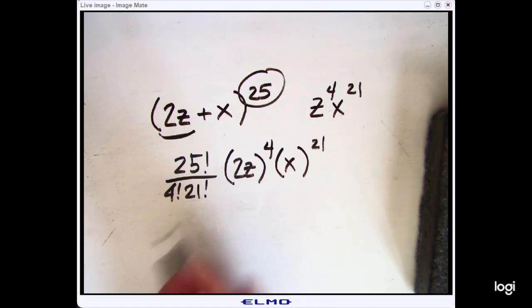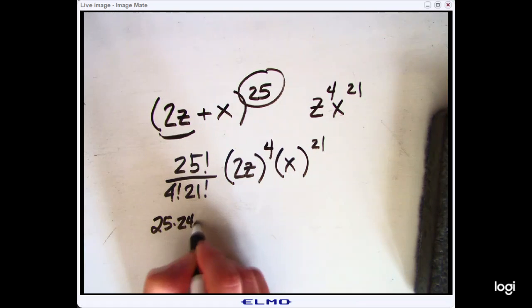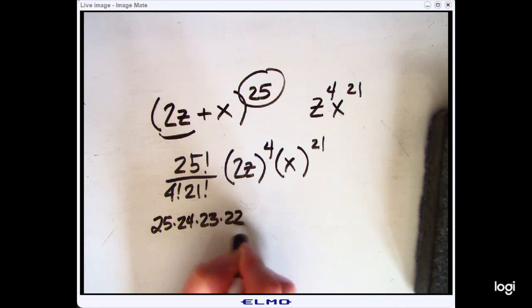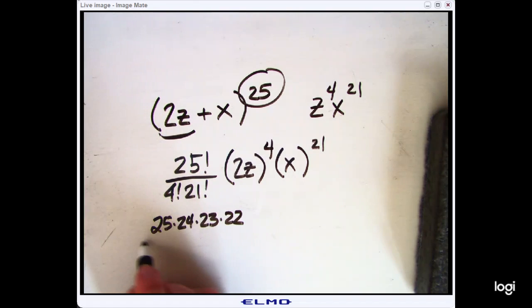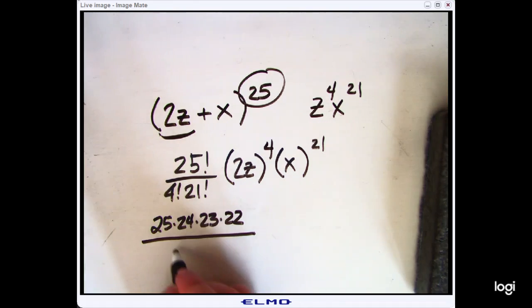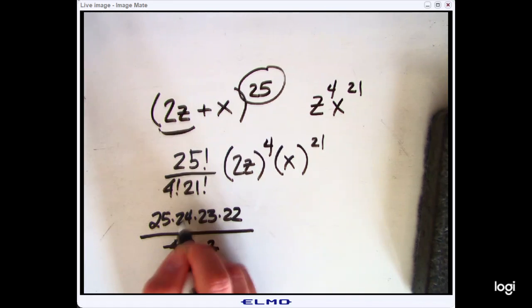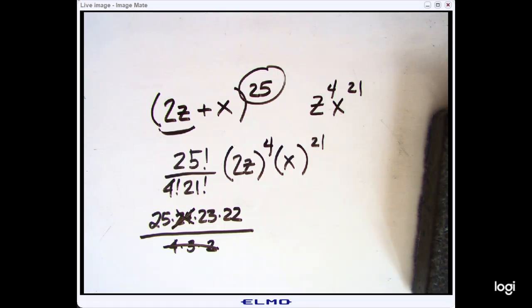Yes? All right, so I know 25 times 24 times 23 times 22 is going to cancel with 21 down, or grab your calculator, use your factorial button. This is 4 times 3 times 2. Well, that is 24. So that can cancel with that.